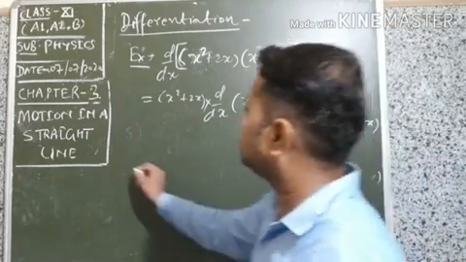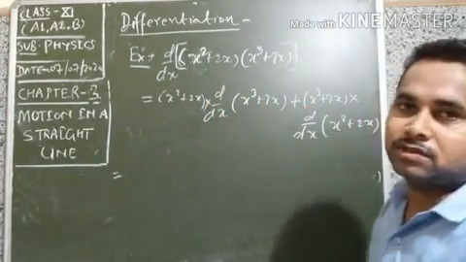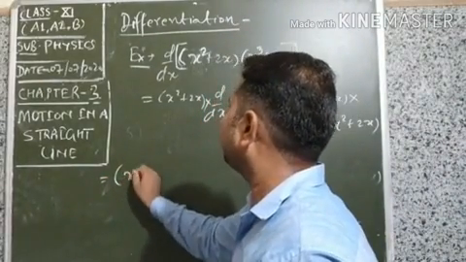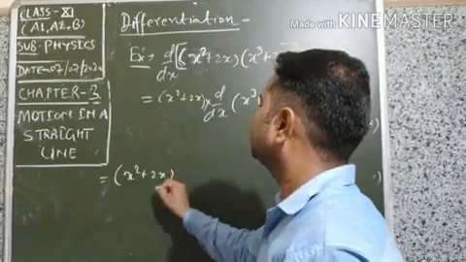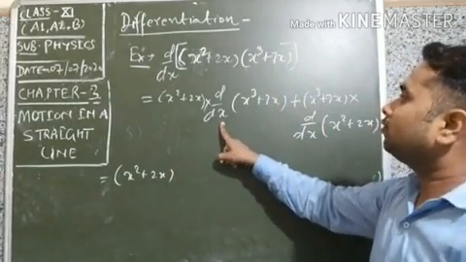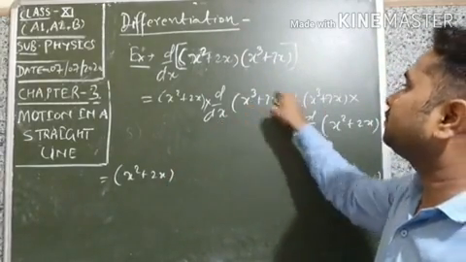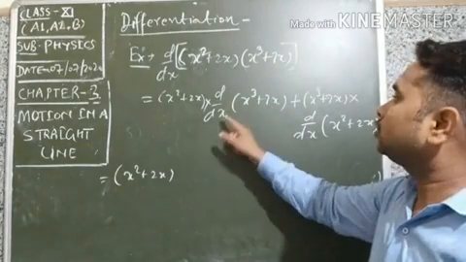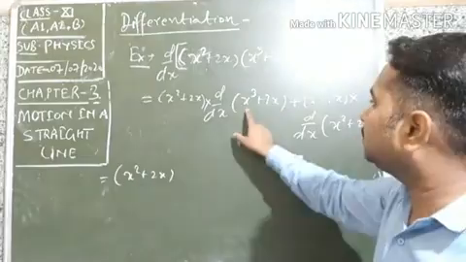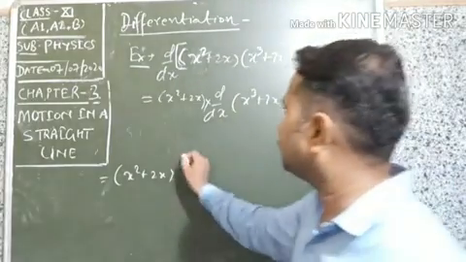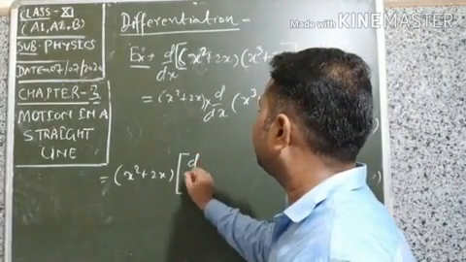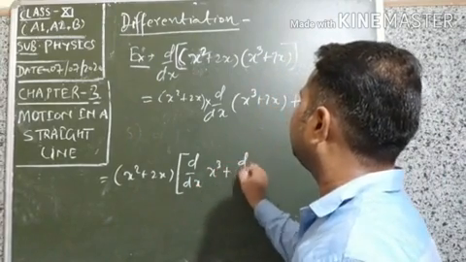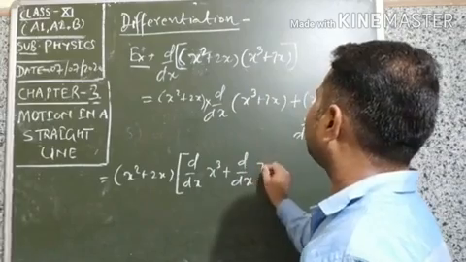Now try to get the solution of this example. x square plus 2x, and now we have to differentiate this function, and in this function there are two terms, so differentiation will apply on these two separately. See how: d by dx of x cube plus d by dx of 7x.